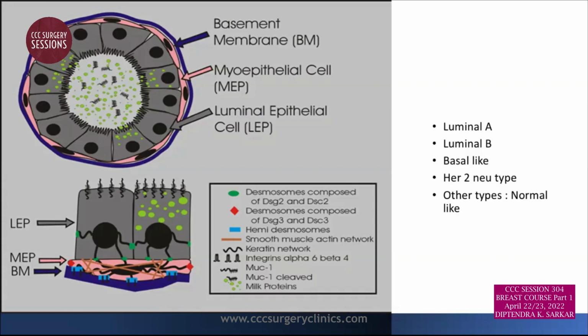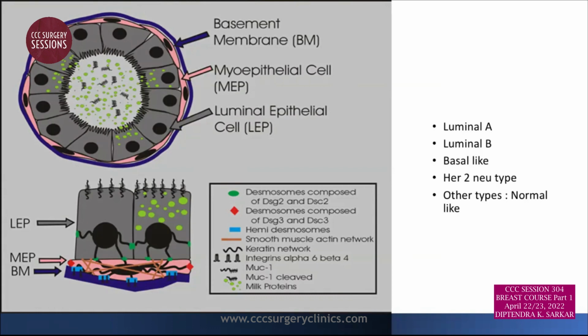But as we deciphered the microscopic anatomy, we found that this is the basement membrane and these are the luminal cells, and squeezed in between the basement membrane and the luminal cells are a group of cells called myoepithelial cells. Now, these we thought were just cells which are affected by oxytocin. They make the tubules contract and secrete milk. And that was the idea in the last decade.